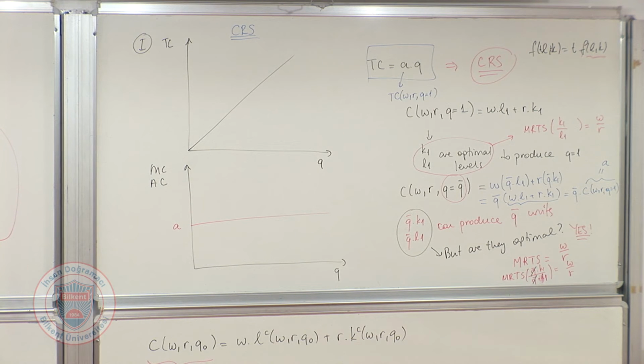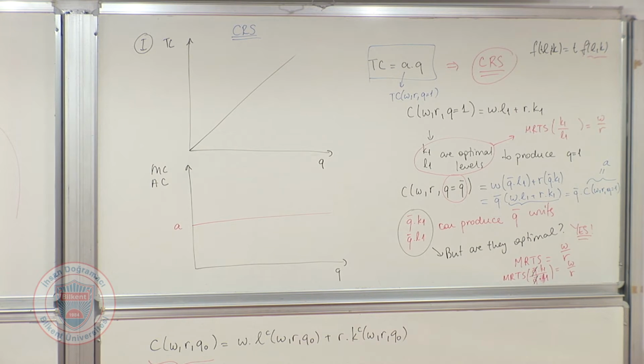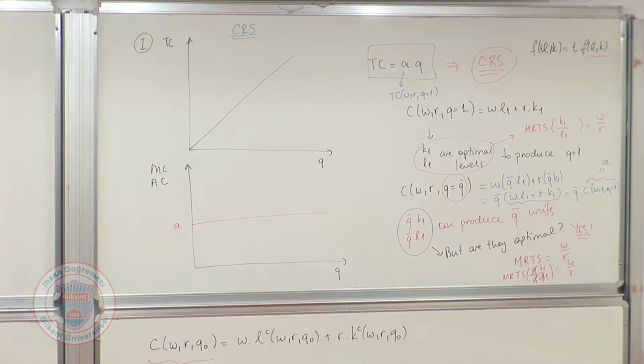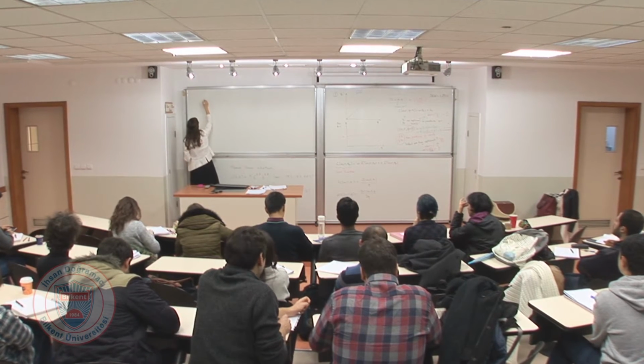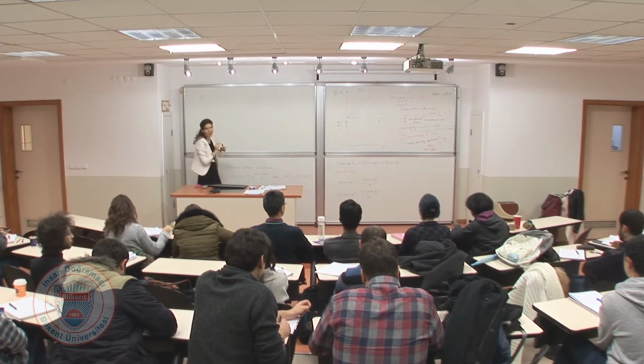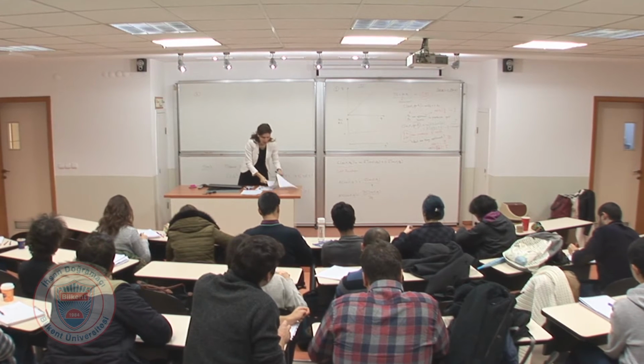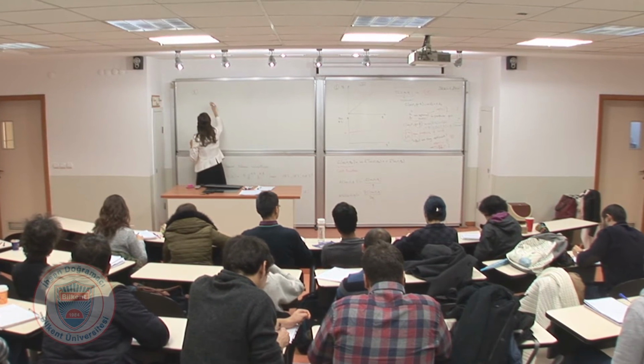So now let's have a look at that. The more general total cost function you would see is this, so let's call it the second type. That was a very special case with constant returns to scale. But usually we would have total cost functions like this.